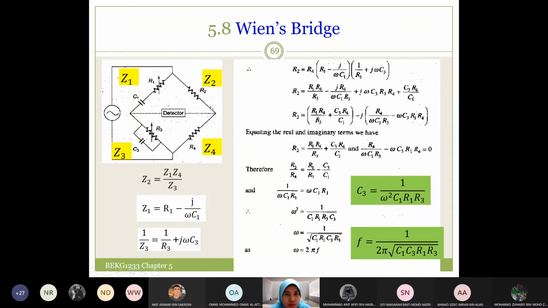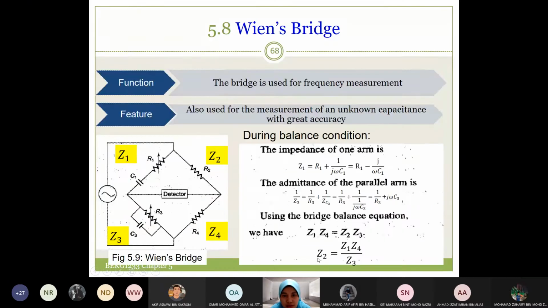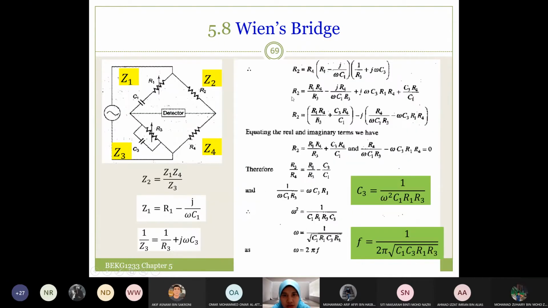So Z2 is equal to R2, Z1 is equal to this, Z4 is equal to R4, and Z3 is equal to this. So we substitute all Z with the equation.